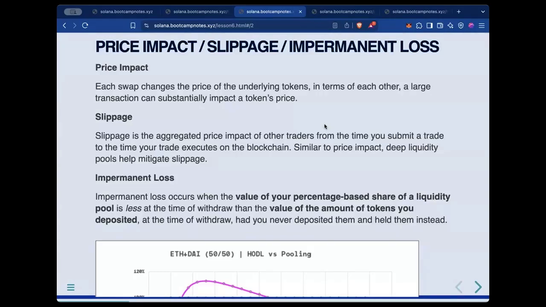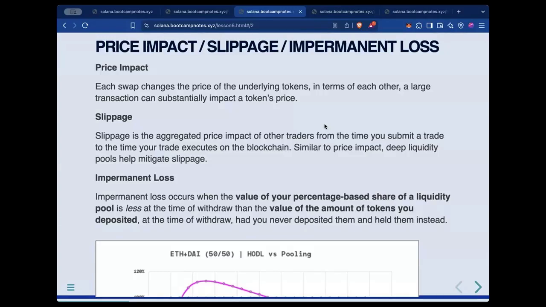Say you think you're going to get 100 tokens back, but there is an amount of time before your transaction actually executes. In that time, there could be other transactions executing on that same pool which are moving the price. This is known as slippage. It is something you do need to be aware of, and you can account for this in your transaction.